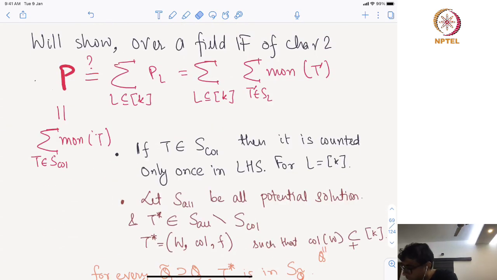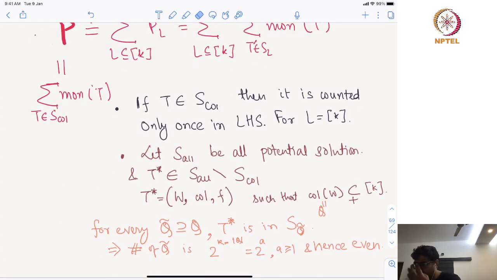Suppose the color set of W uses colors Q. Now look at any Q-tilde which is a superset of Q; then T-star is going to appear in S of Q-tilde. Now ask yourself, how many Q-tilde are there? It is 2 to the power k minus cardinality of Q, which is 2 to the power a, with a greater than or equal to 1, because this is a proper subset, and hence this is even.